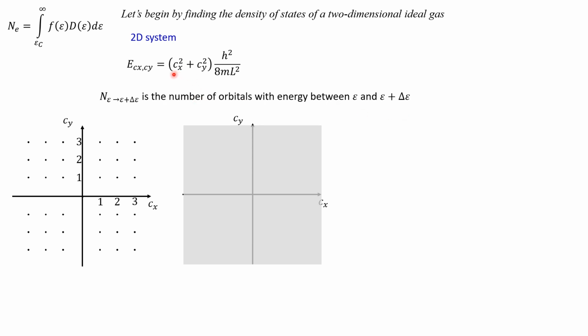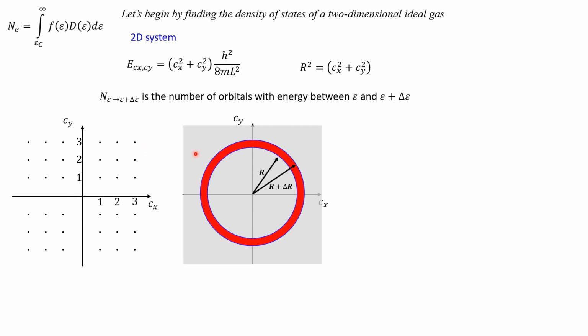Notice that the only information about the orbital itself that enters into the energy is the sum of the squares of the numbers. So that means that the information about the energy is given by the distance of the point to the origin.